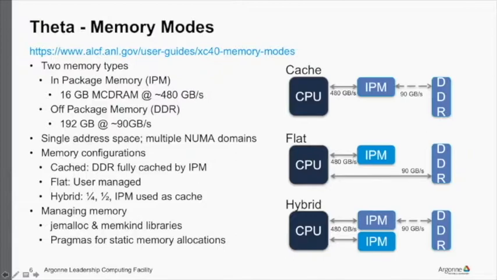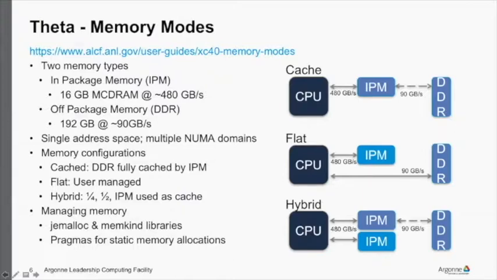In cache mode, you can access a single large memory space with the DDR feeding to the in-package memory at 90 gigabytes per second, and the CPU accessing the in-package memory at 480 gigabytes per second. And so in cache mode, you get access to all of that memory and this is one means by which an application can make use of all of the memory on a node without any changes to the source code.